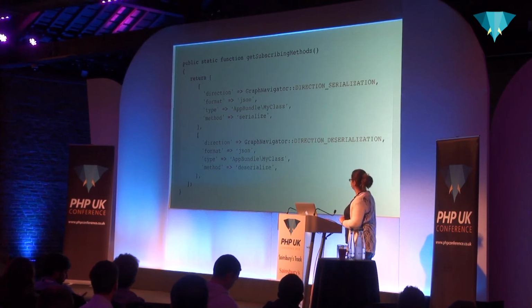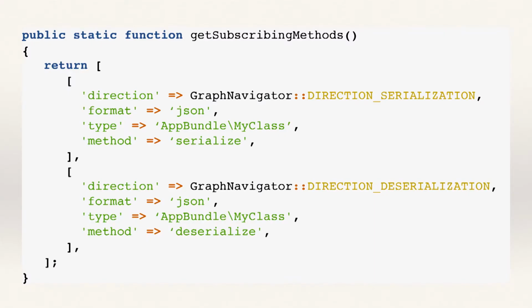So, here is an example. I have my handler. The first method I have to implement is the static function getSubscribingMethods. In this, you have an array of arrays. The first thing is the direction, which could be serialization or deserialization.